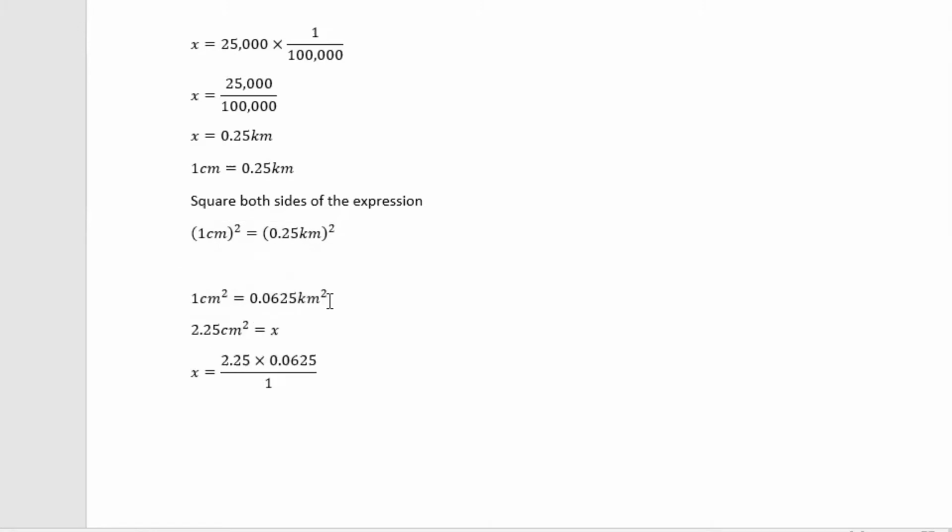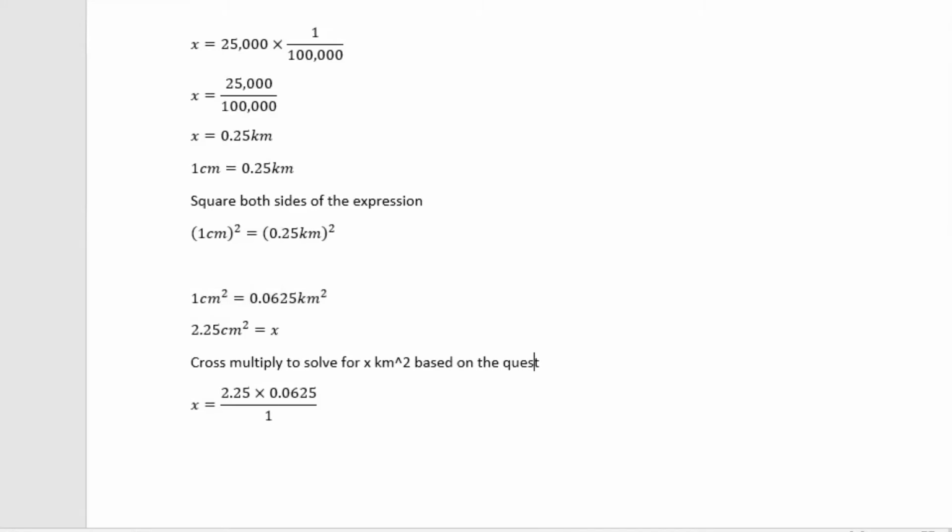So this is what we cross multiplied here. We cross multiply to solve for x kilometers squared, based on the question.